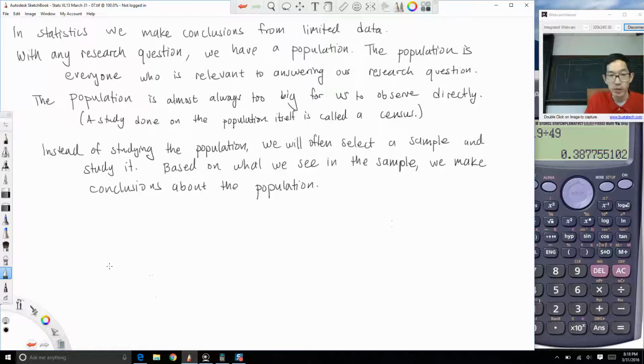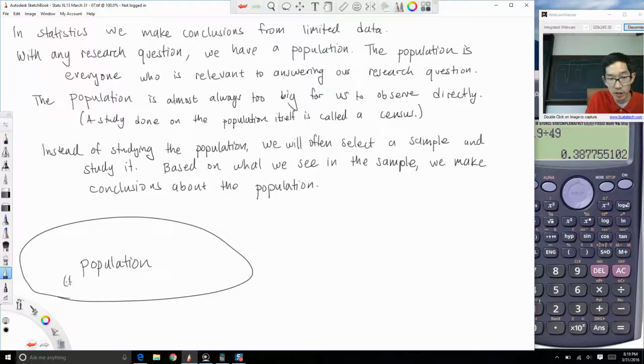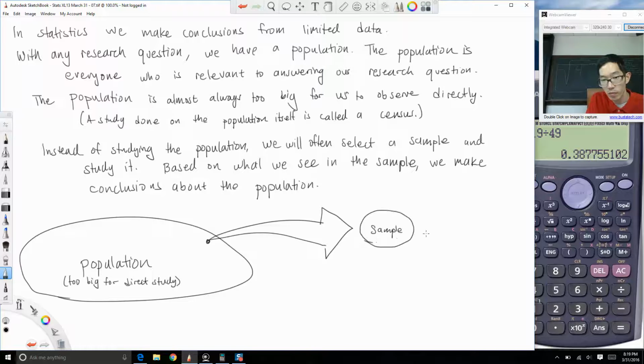And so in this picture we have the population, again, too big for direct study. Okay, and so from the population we're just taking a tiny little piece, this tiny little piece, and we're going to look at it closely. So this is what we look at.